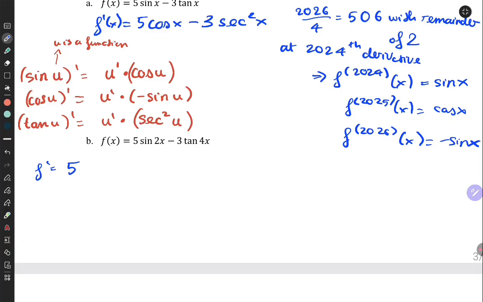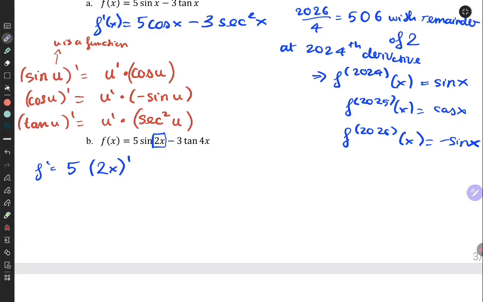So what do we do? We throw the derivative of that function to the front. That function in this case is 2x. Just mimicking this formula right here, u is 2x. So throw that derivative to the front. I haven't taken the derivative yet, I'm about to. So the derivative, what next?